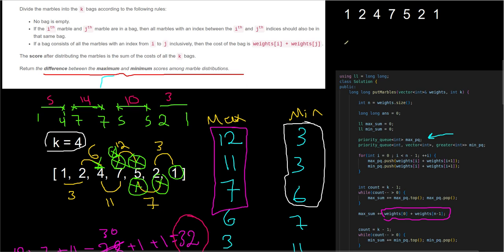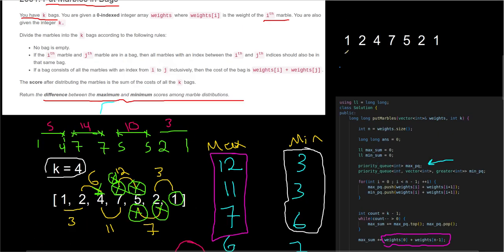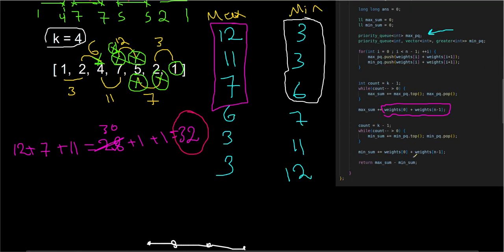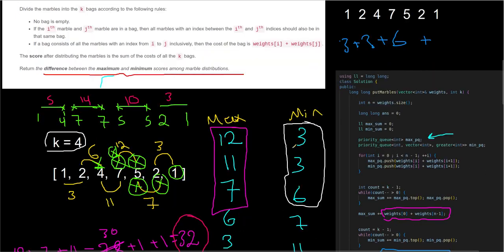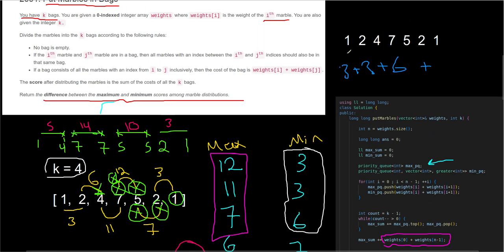So we have 3 plus 3 plus 6 plus the 2 values at the edges of the array, which is weights of 0 plus weights of n minus 1, and in this case 1 plus 1, and this equal 3 plus 3 is 6, plus 6 is 12, plus 2 is 14.